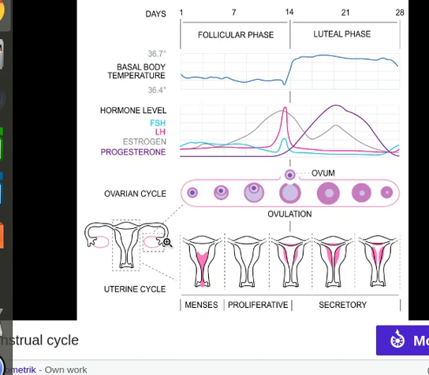The corpus luteum is still in the ovary, it doesn't go anywhere, it stays. It's just the egg that ruptures. It's going to go plop, and that's it. It's the egg that travels, not the whole thing. So it's going to find a new house, first it was housed in there, and then this house is going to get destroyed here. So it needs to find a new home. It's going to find a home in here, unless there is no sperm, then it's going to go out.